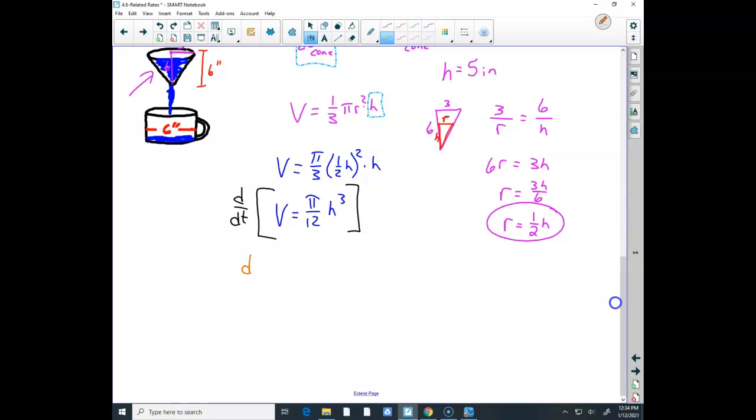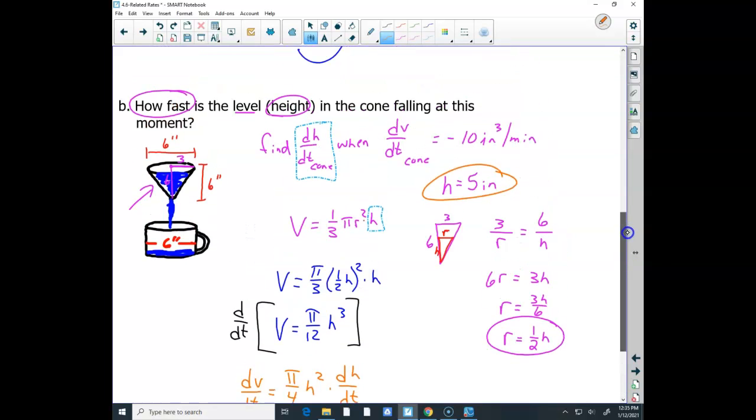So I'm going to say dV/dt equals, what's 3 times pi over 12? That's going to be 3 pi over 12, which gives me pi over 4 h squared times dh/dt. And the moment in time is when h is 5 and dV/dt is negative 10, right?